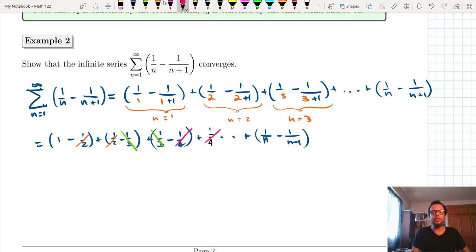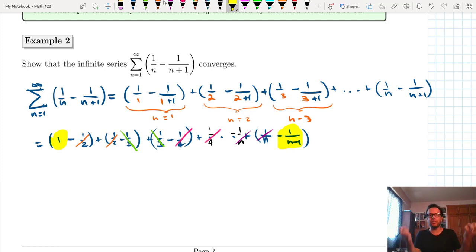And if we continue this on and on, we are going to have another invisible negative 1 over n here that would cancel with this one right here. So the terms that survive in this series are this one and the very last term.